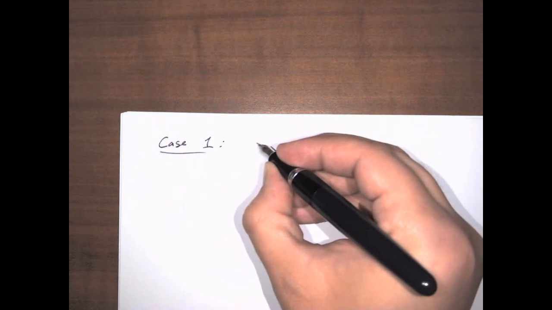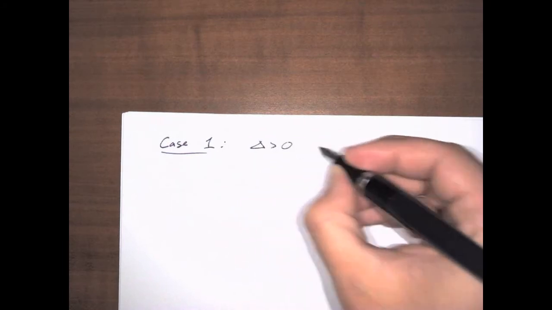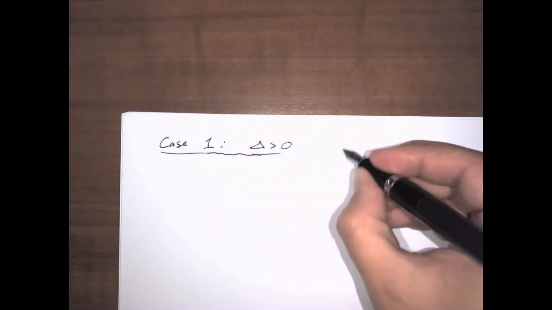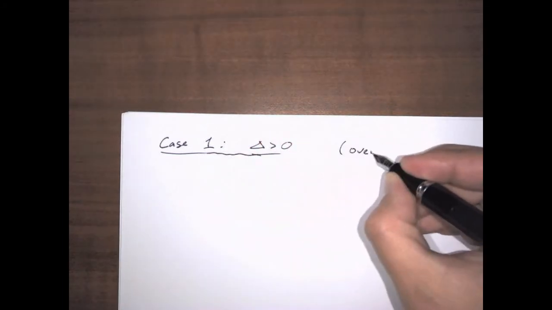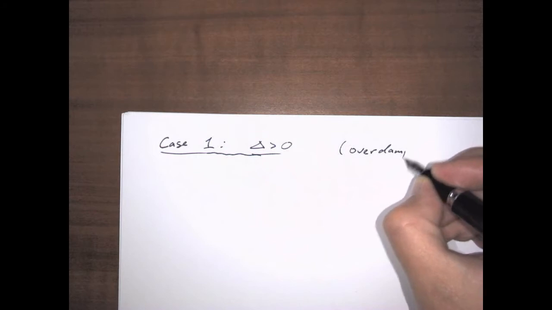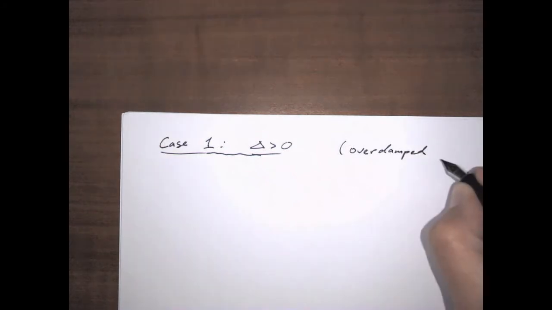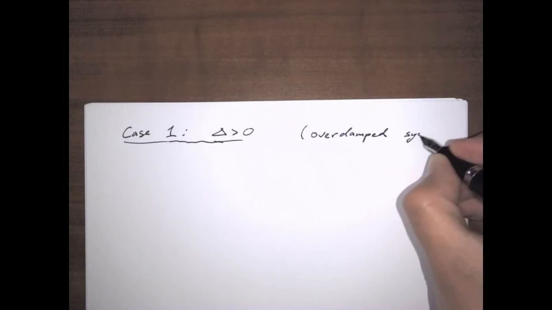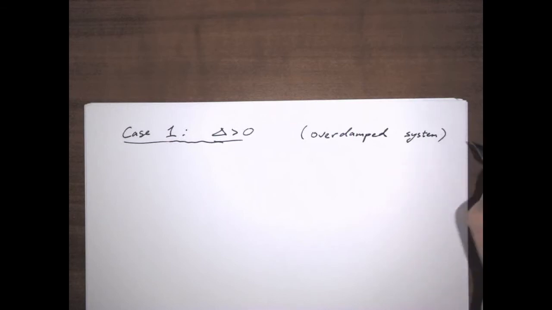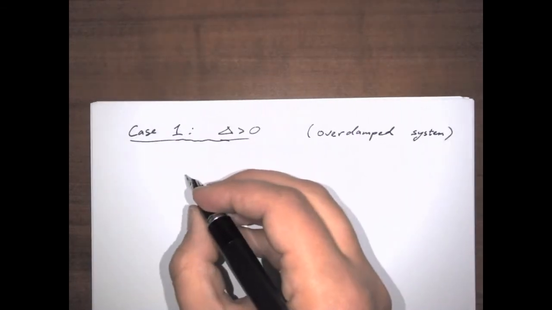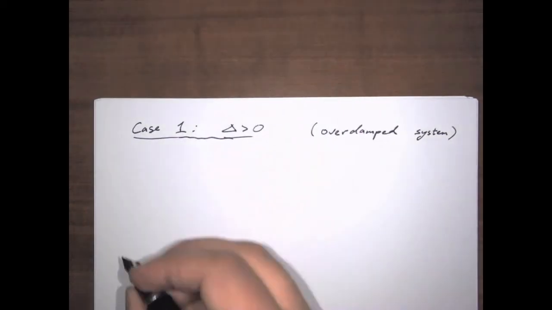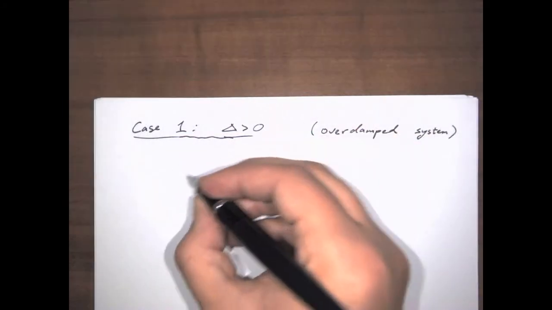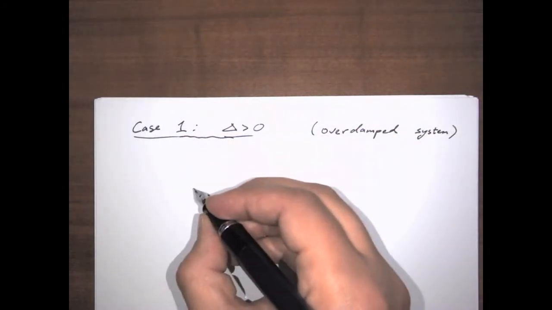This is delta greater than 0, and this is what's called an overdamped system. So this is the improper nodal case.